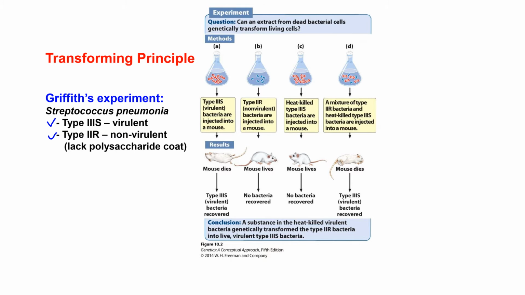Of course, when he performed his experiment, he grew the bacteria 3S and 2R, virulent and non-virulent, and he injected the bacterial preps into mice. These were his controls. When he injected mice with the virulent strain, the mice died. When he injected mice with non-virulent 2R, they survived.